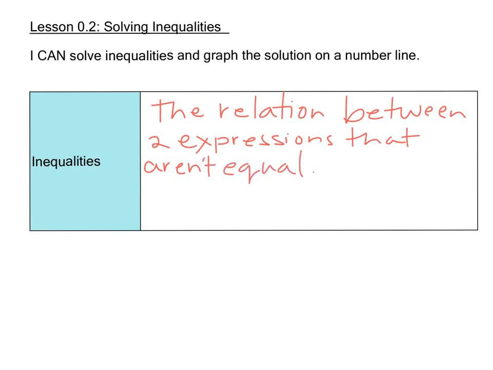There are several types of inequalities. You could have greater than, less than, not equal to, greater than or equal to, less than or equal to.